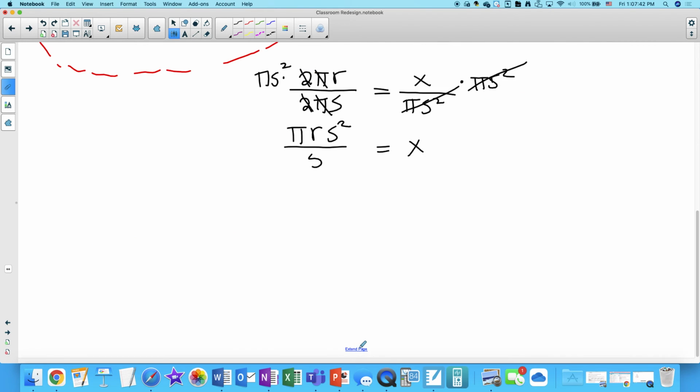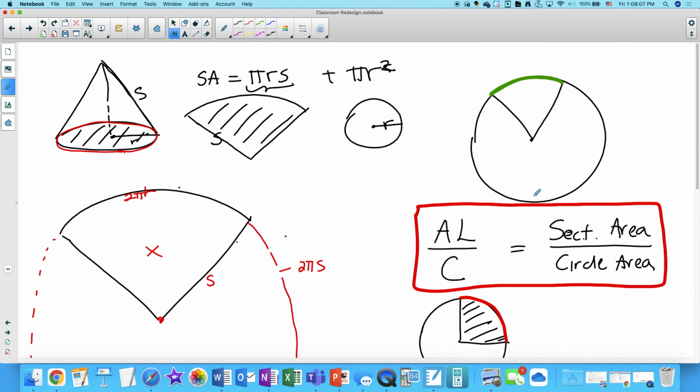Now, s squared over s we can simplify as well, because s squared over s is just s. And so that sector area is this piece, pi r times s. And so when we go back to our formula right at the beginning, that is where this piece comes from.